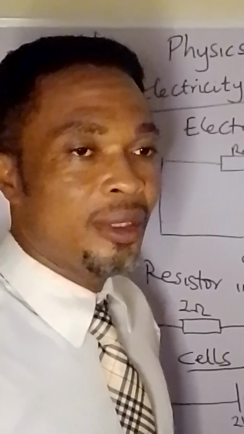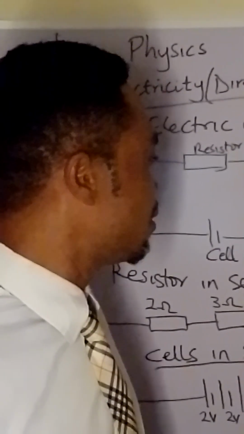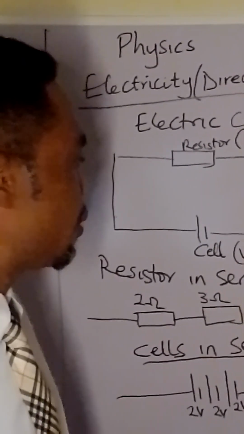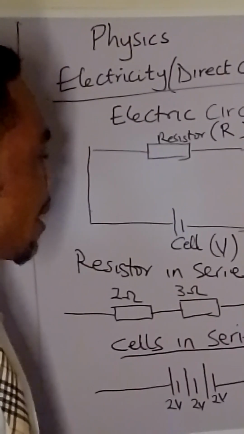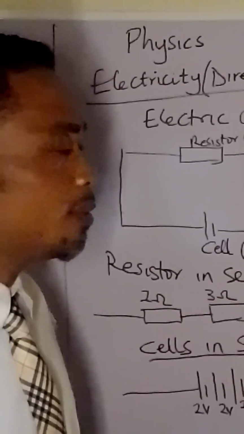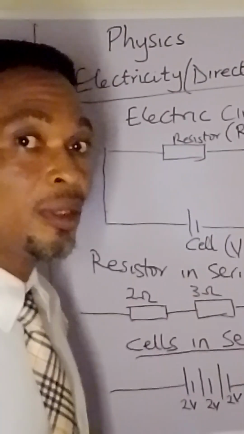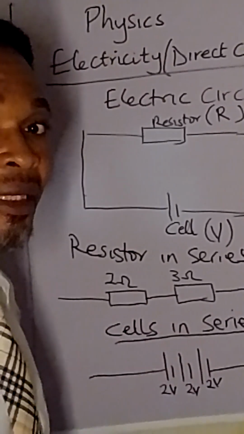And then you will solve it, and once you solve it, you upload your solution. Show me how you got your answers, and I will look at it, and then we make corrections where necessary. But this is how resistors are connected in series and parallel.